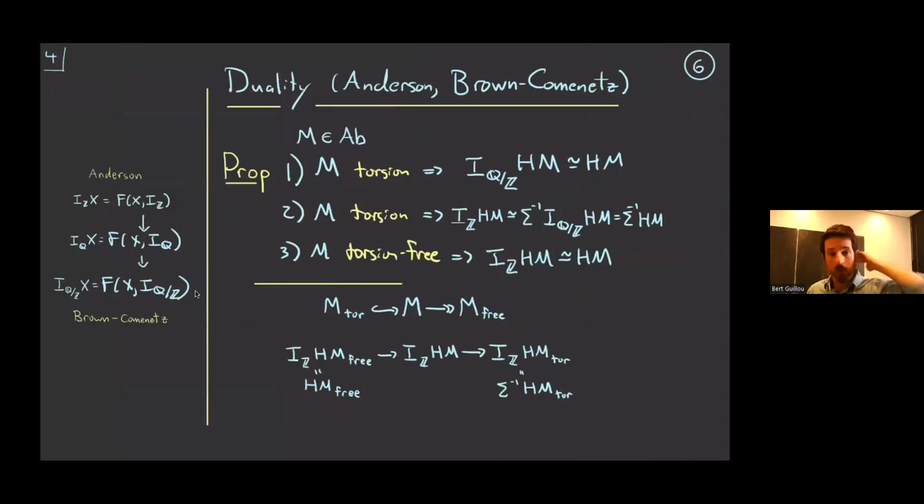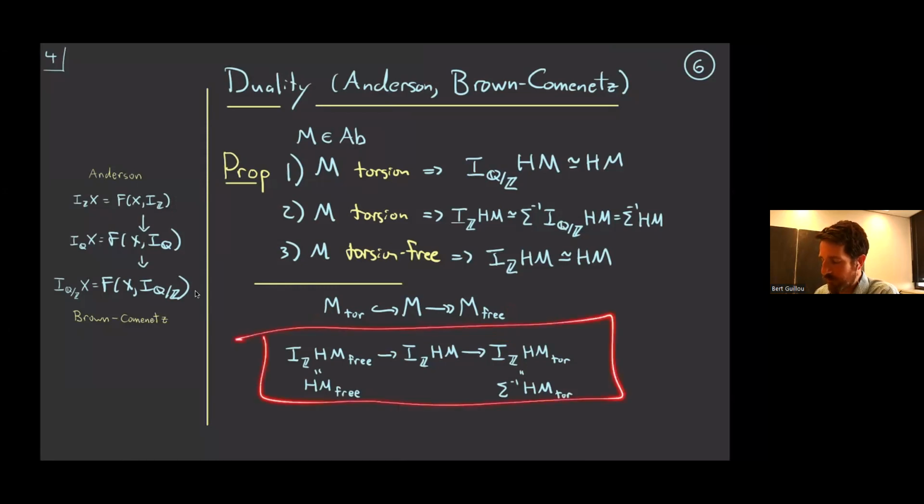And you might ask, what if you have something that's not entirely torsion or free, but a combination of the two, which is kind of the generic case? Well, you can map in the torsion, and then the quotient will be a free abelian group. And then you get a sequence like this, right?